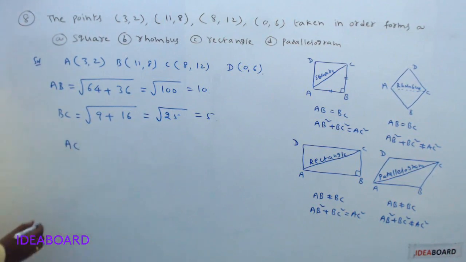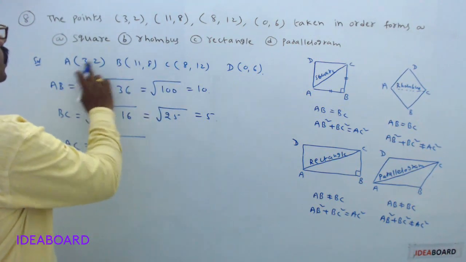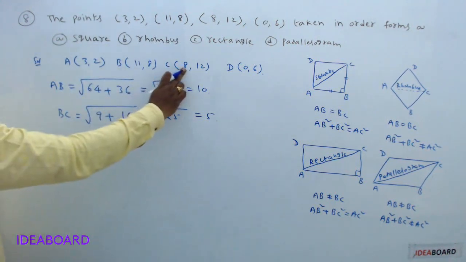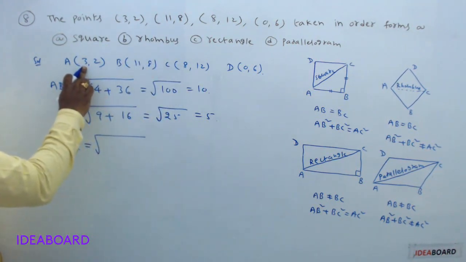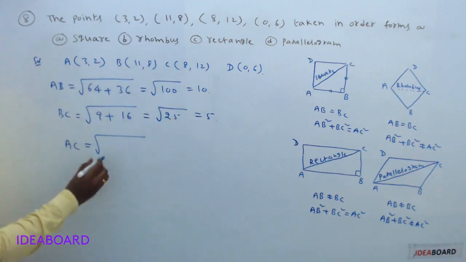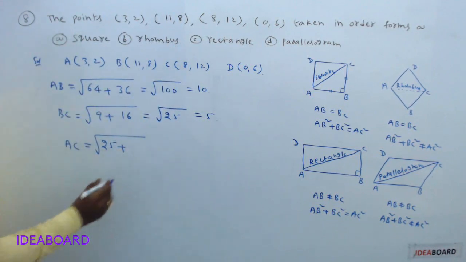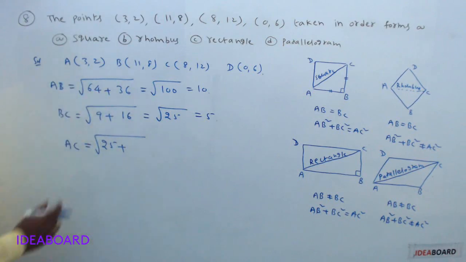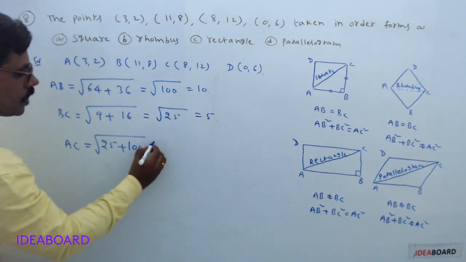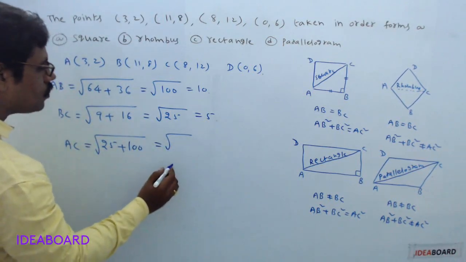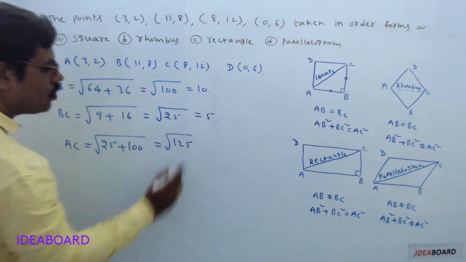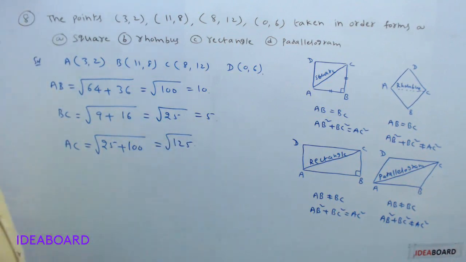Then calculate AC, distance between the points A and C. Square root of (8 minus 3) whole square. 8 minus 3 is 5. 5 square is 25. 12 minus 2 is 10. 10 square is 100. So it will be square root of 125.